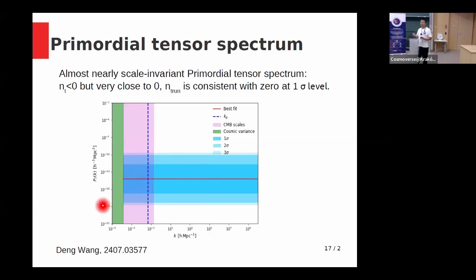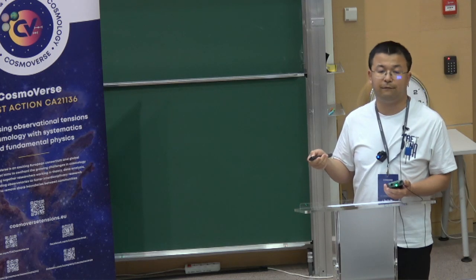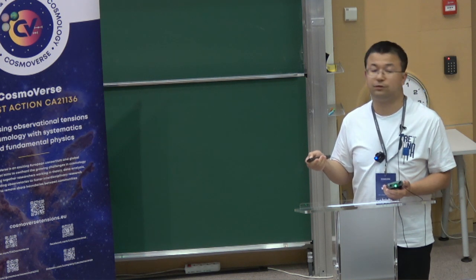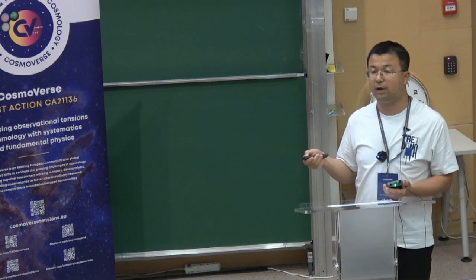And the first one, here's the cosmic variance, and the pink band is the CMB scales, and here are the 1 sigma, 2 sigma, and 3 sigma constraints on the primordial tensor power spectrum. So it's nearly a scale-invariant primordial tensor power spectrum because nT is smaller than 0 but very close to 0. And the nT run is consistent with 0 at the 1 sigma level.